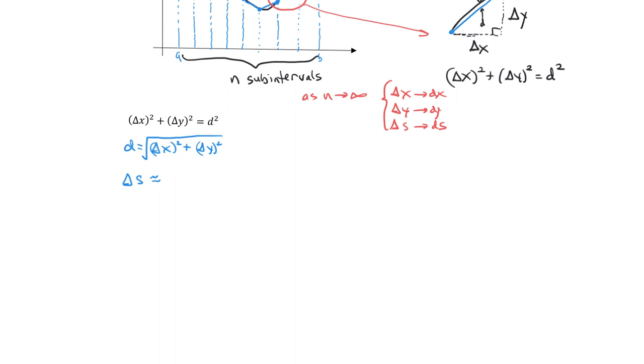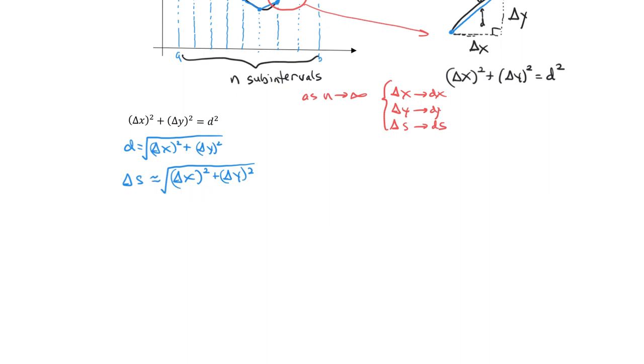Delta s is approximately equal to d, so it's approximately equal to the square root of delta x squared plus delta y squared. If you look at that picture we drew, little d and delta s are pretty close, and as the number of subintervals gets larger and larger, these get closer and closer. So delta s is approximately equal to this.